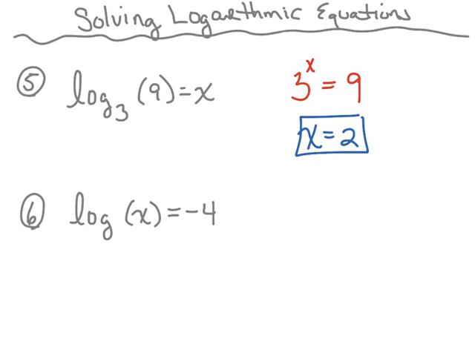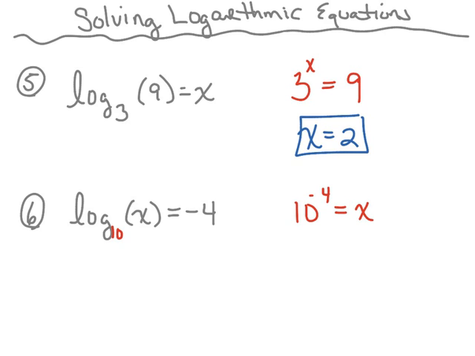Number 6, we have the log of x is equal to negative 4. Now you'll notice it doesn't look like there's a base on this log, but there is. If there's no base already written, it's understood to be a base of 10. So we're going to rewrite this as 10 to the negative 4 power equals x.